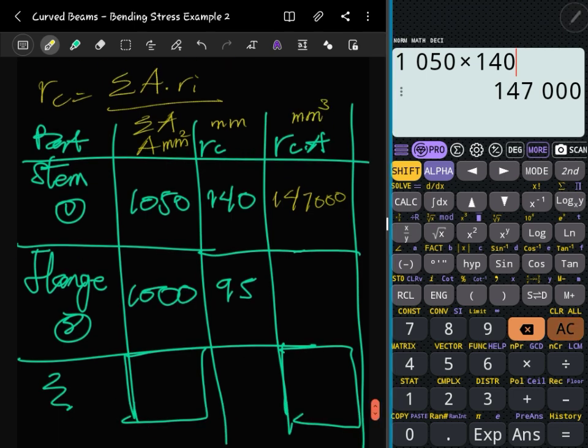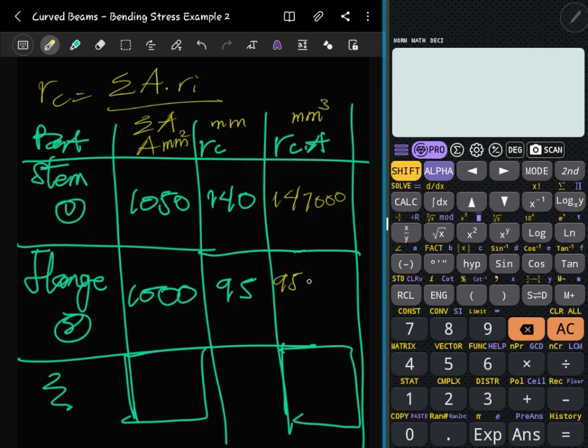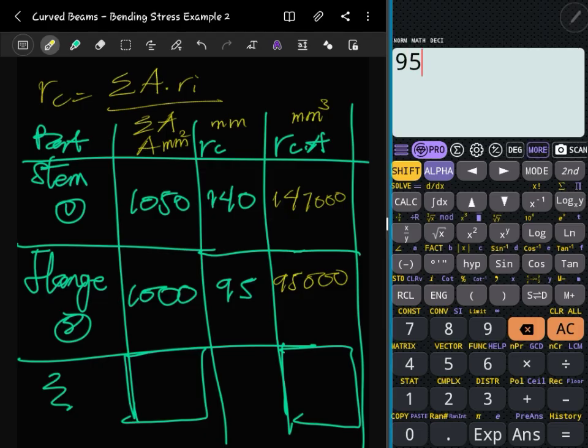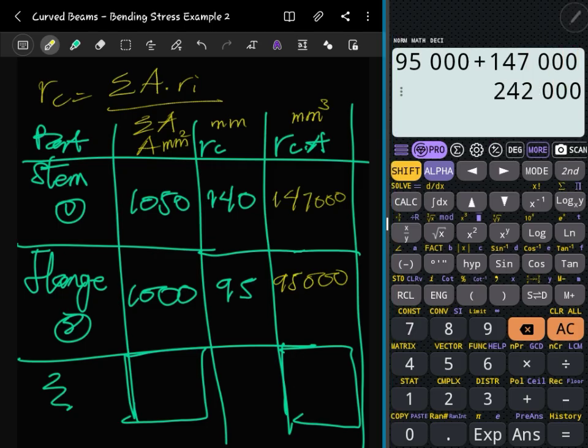For the flange, that's 1000 times 95, which gives us 95 with three zeros. Adding 95,000 plus 147,000 gives us 242,000.